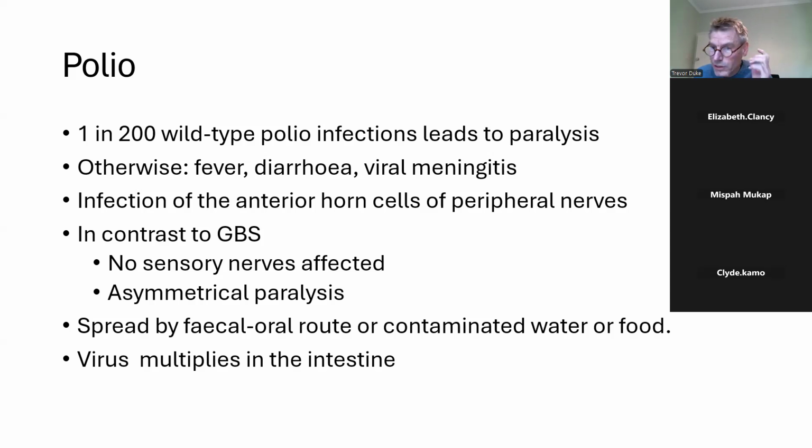Now, polio, the enterovirus, is spread, not surprisingly, by the fecal oral route, occasionally by contaminated water or food, but usually by fecal oral spread and relatively close contact. And then the virus, once it's in the system, multiplies in the intestine and then becomes systemic, causes fever, diarrhea, of course, and sometimes 1 in 200 is neuropathogenic.